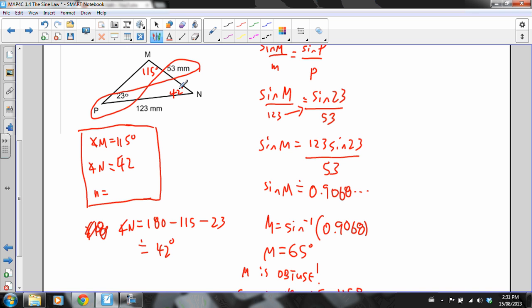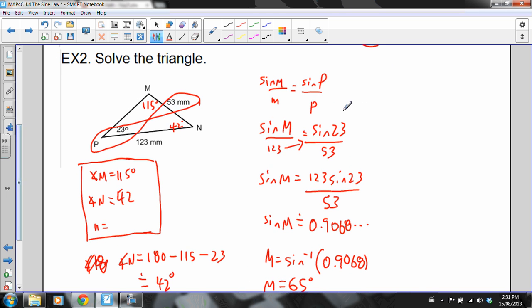And so now we can find our last unknown side N using the sine law. I said that you could probably use just a substituted version in if you're careful, and I'm going to try that here just to see how that's going to look.